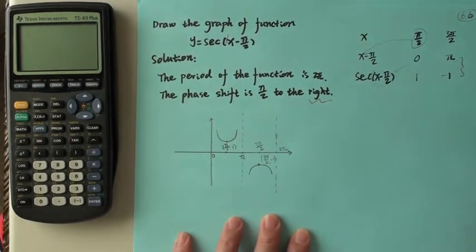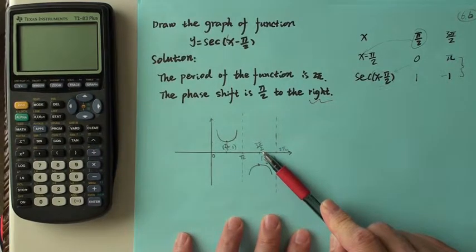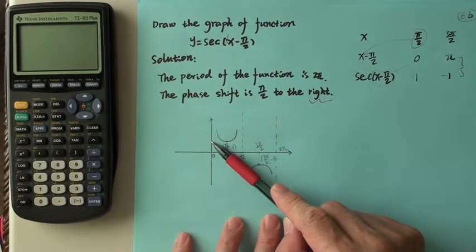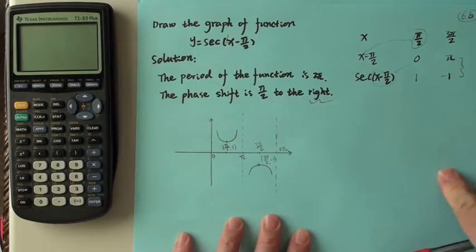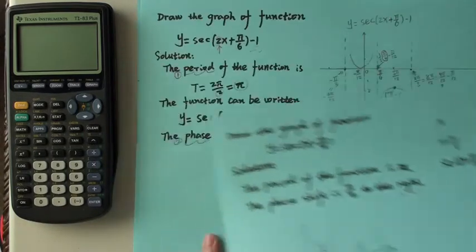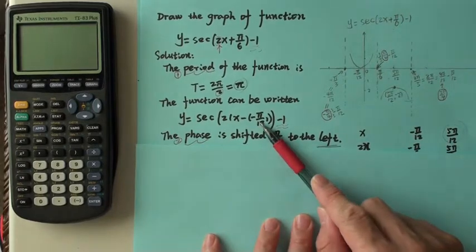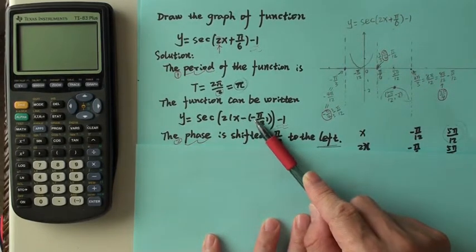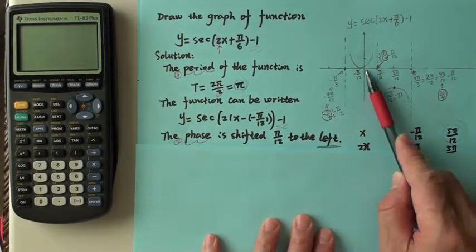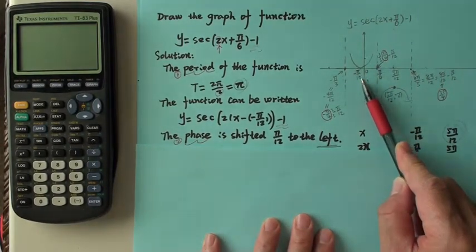Recall that we have 2 typical values, pi over 2 and 3 pi over 2; previously they were 0 and pi. So minus a positive number shifts in the positive direction, and minus a negative number will shift from the origin in the negative direction, pi over 12.